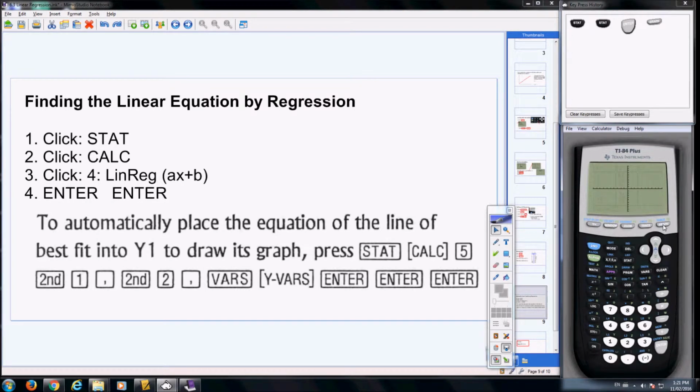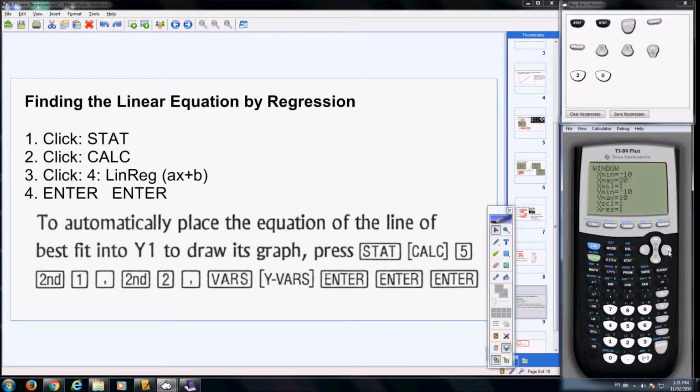This is not showing what I'm looking for, so we're going to have to change the window. So click Window. The numbers that I had for X were 0 to 15, so I'm going to change my X max to 20, something larger than what my numbers were.